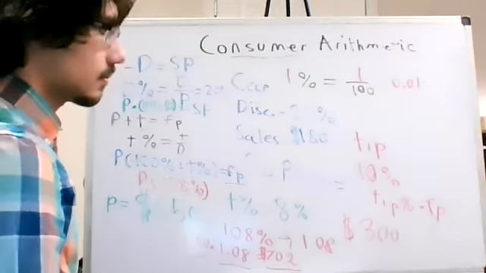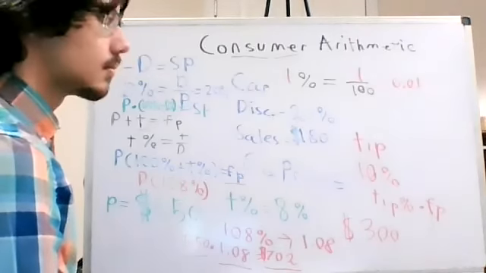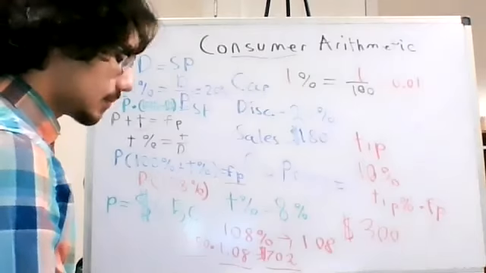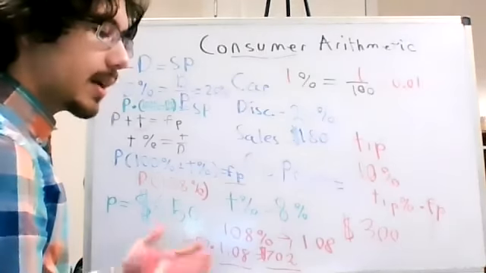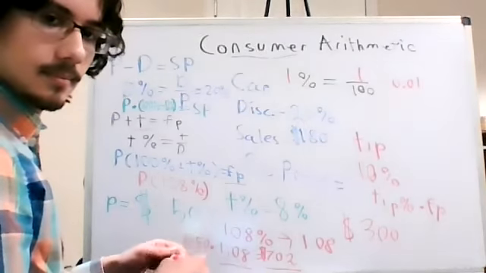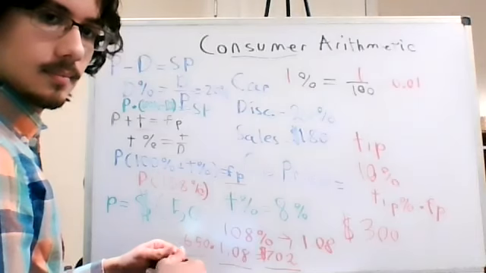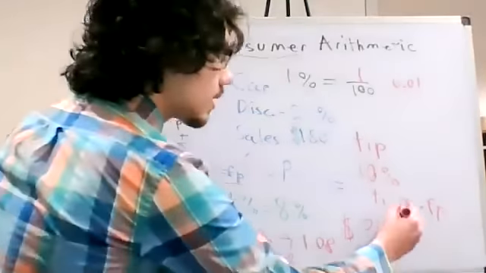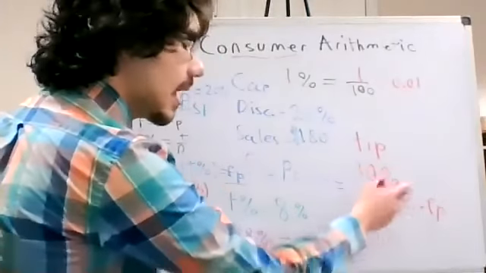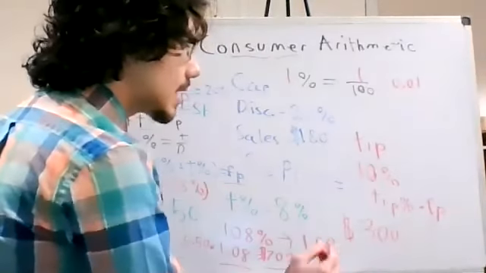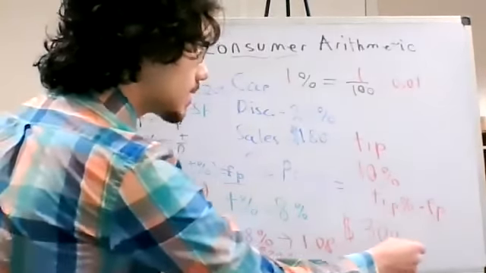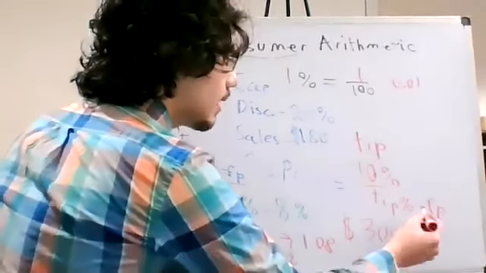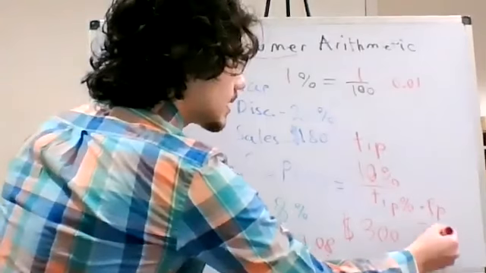Yes. So 10% of $300, which would be $30. Good. So the tip percent is 10% in this situation. And we said that if we had a final price of $300 and we wanted to tip 10%, then we would tip $30.